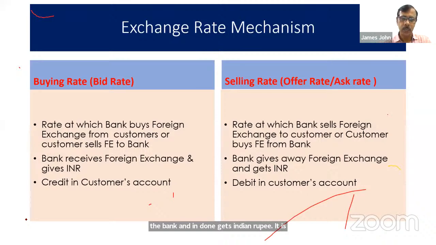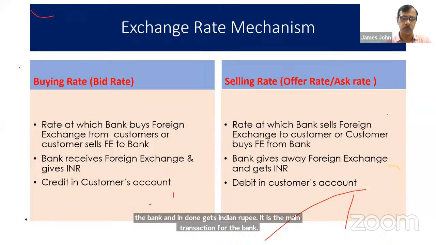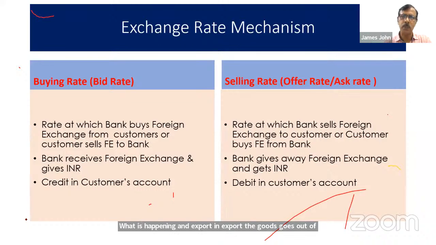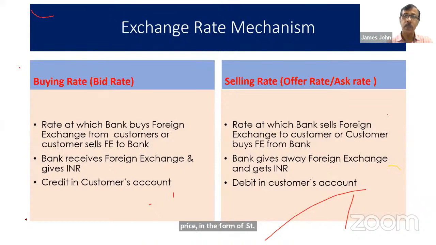for the bank. I will give an example. There is an exporter. What is happening in export? In export, the goods go out of India and the value will come in the form of foreign exchange into India. Suppose the person is exporting garments to Dubai, and in turn from Dubai, the price in the form of, say, UAE dirhams is received.